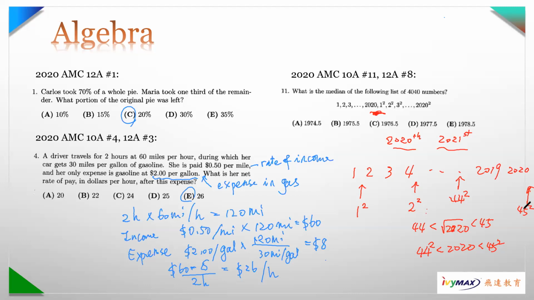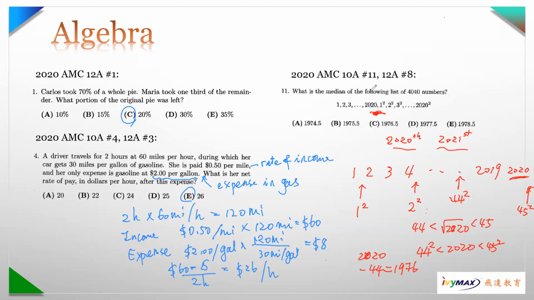And since we already plugged 44 perfect squares in the first half, this number has to be pulled back by 44 places, right? So we just subtract: 2020 minus 44 should give you the value of 1976.